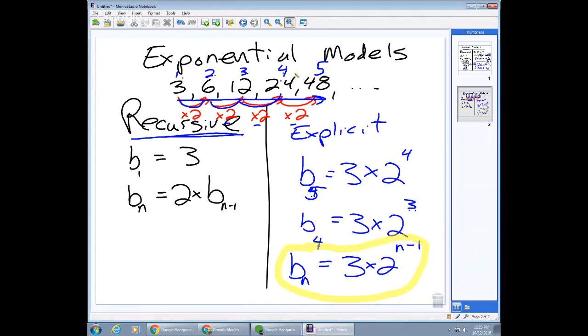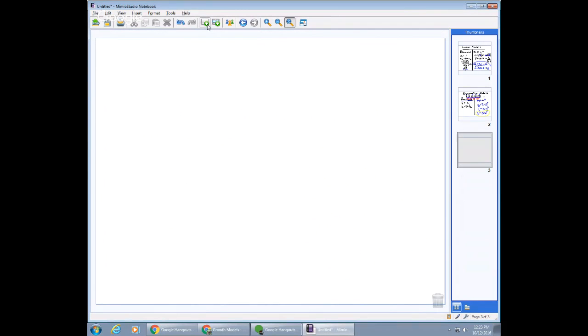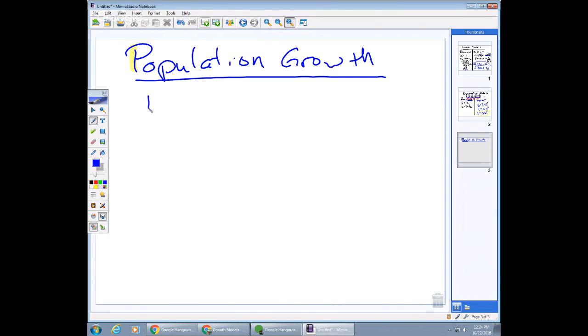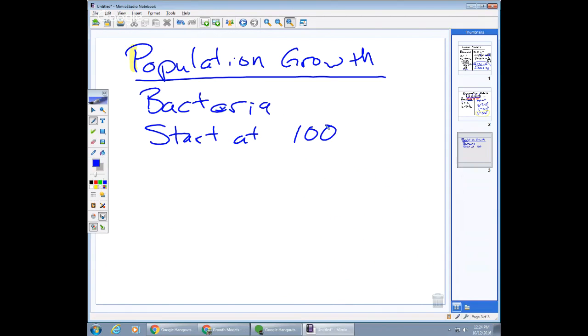Common places we see linear or exponential growth: population growth and money. All right, so let's start with a population of bacteria. We were talking about that the other day. Bacteria. And let's suppose there's a starting population of 100 organisms.